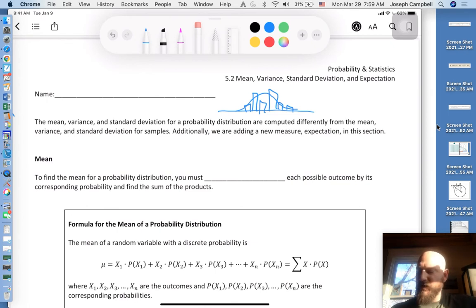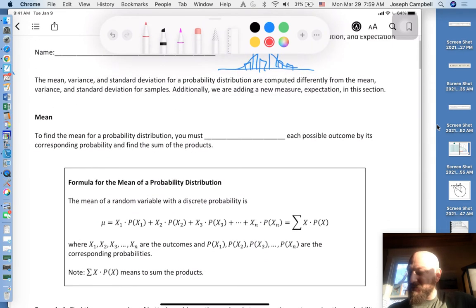So we're going to be discussing how to find the mean, variance, standard deviation, and expectation, which we'll talk about today, for discrete distributions. The mean, variance, and standard deviation for a probability distribution are computed differently from the mean, variance, and standard deviation for samples. Additionally, we are adding a new measure, which we call expectation, in this section.